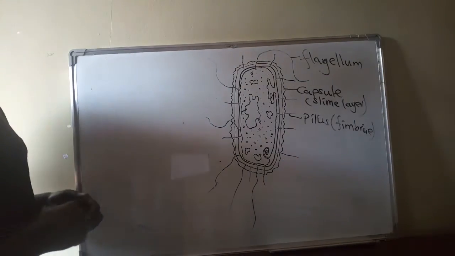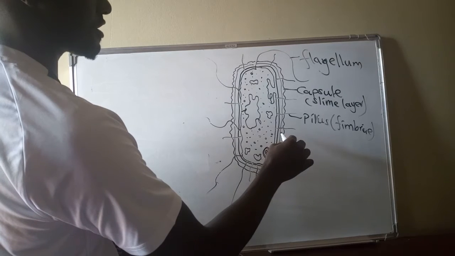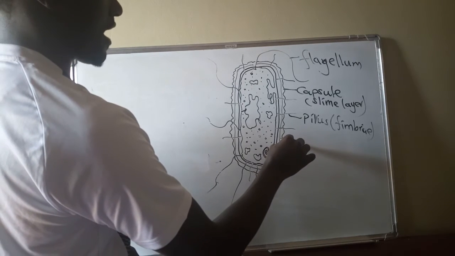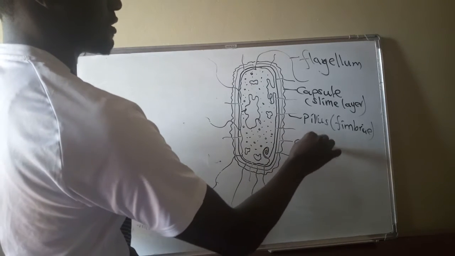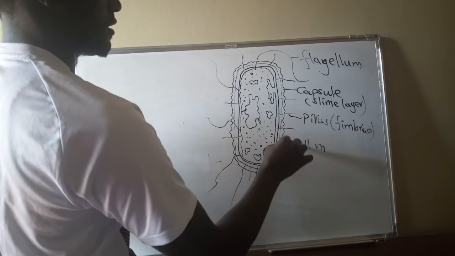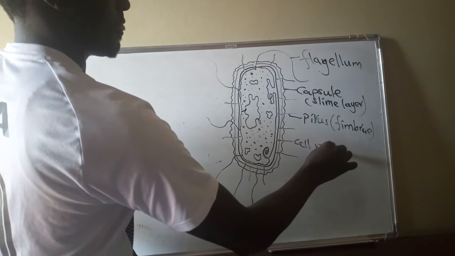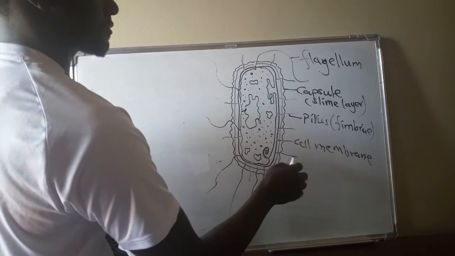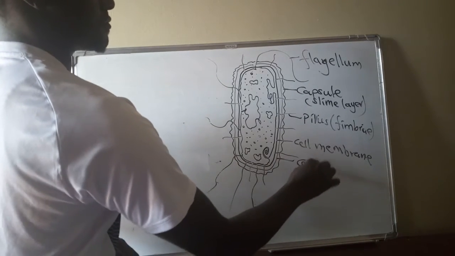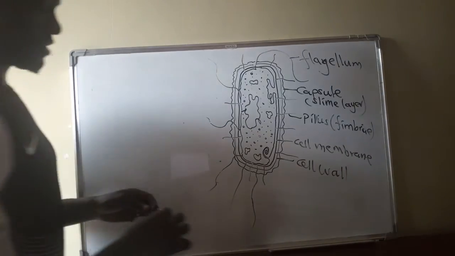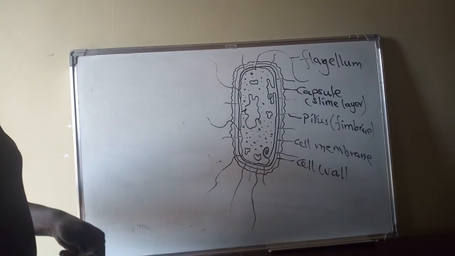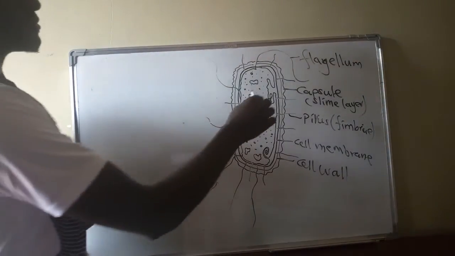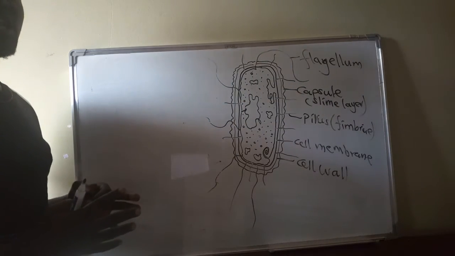We do have a cell membrane inside, and then a cell wall. The cell membrane has infoldings.